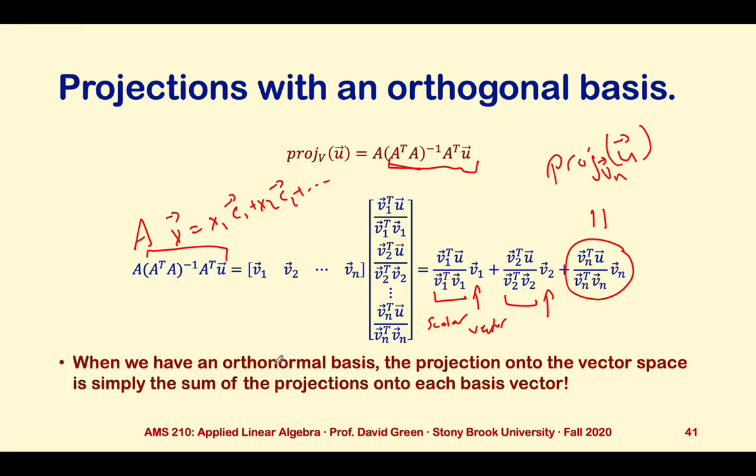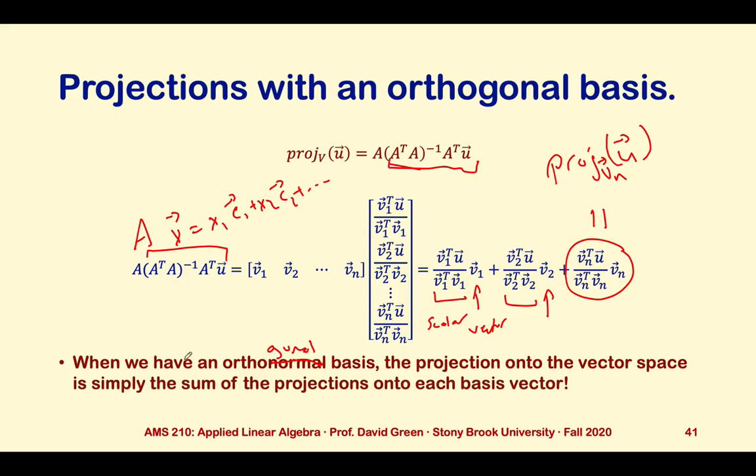When we have an orthogonal basis, the projection onto the vector space is simply the sum of the projections onto each individual basis vector. We don't need to do this big complicated matrix product.